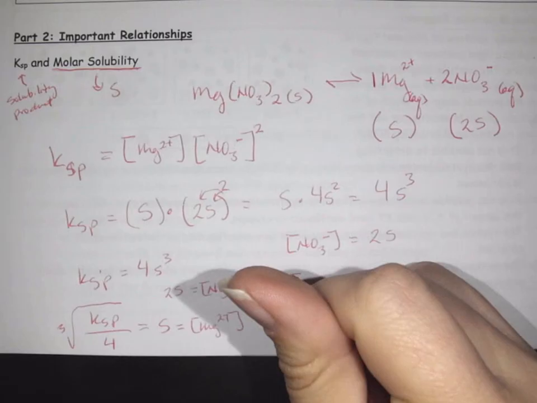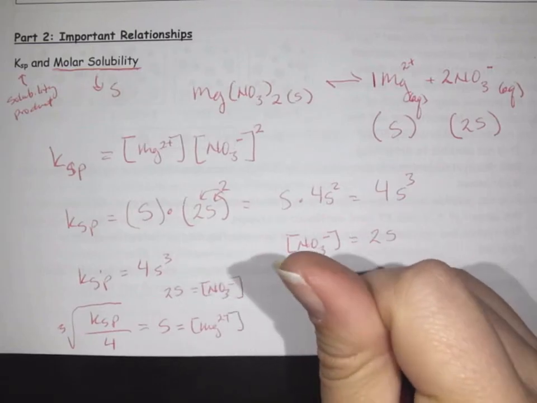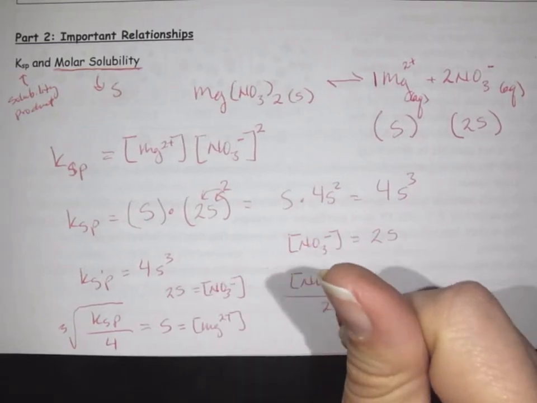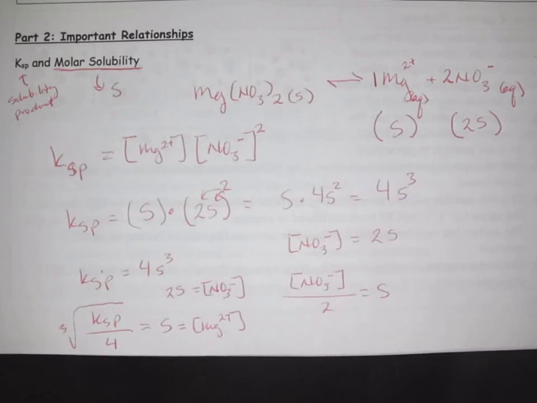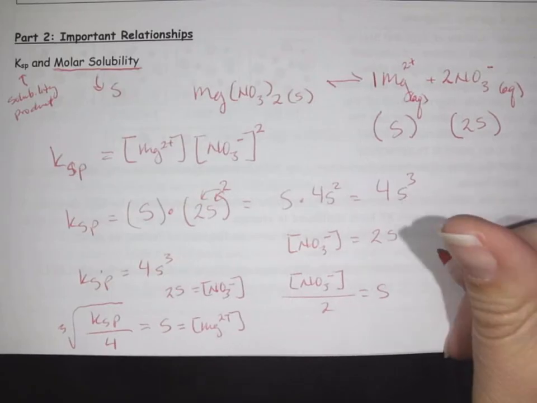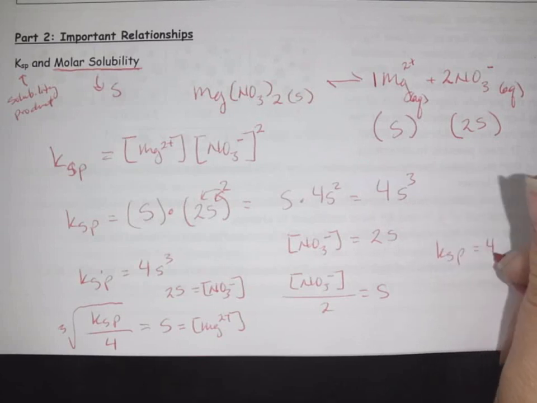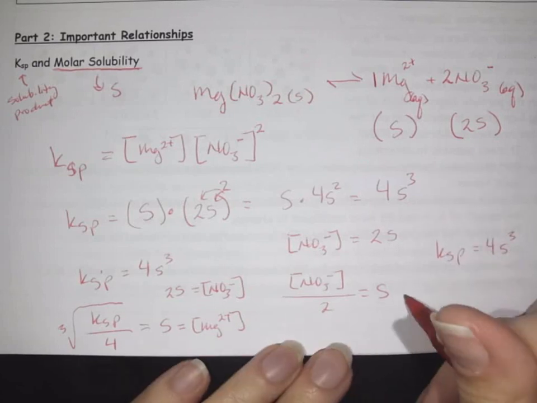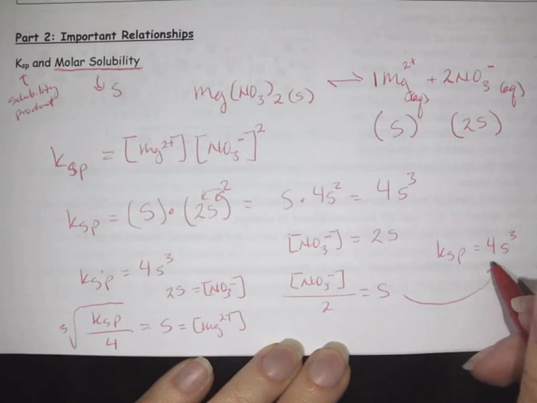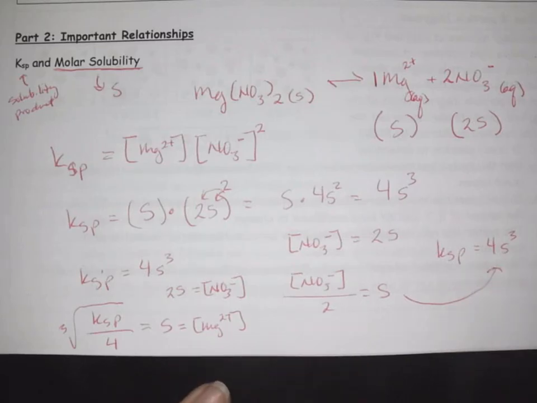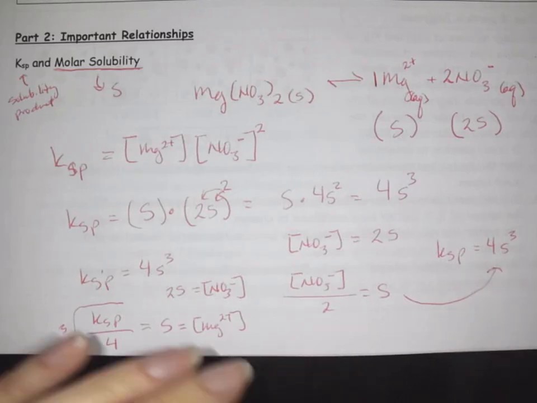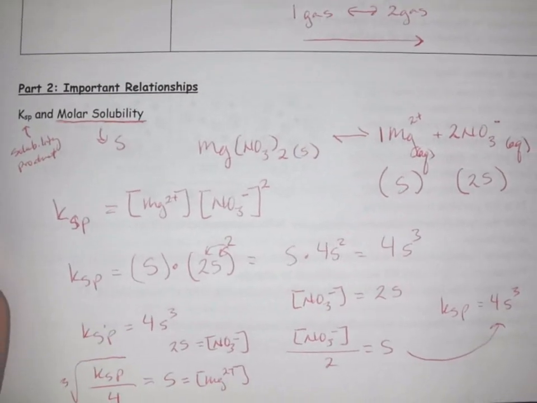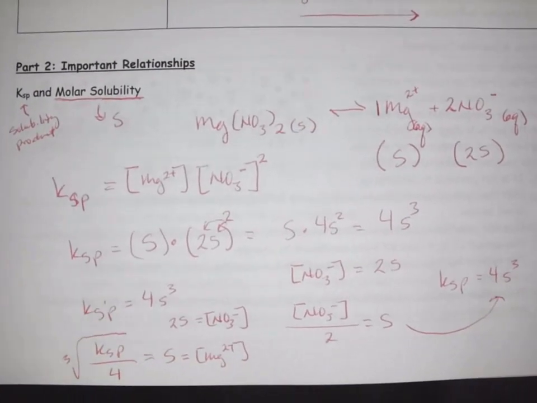And then if you take that concentration of nitrate and you divide it by 2, then that will equal S. And now that you know what S is, you can plug it in to your KSP equals 4S cubed. You can plug in your answer, and then you'll be able to solve for the KSP value. So that's the molar solubility stuff. Okay.